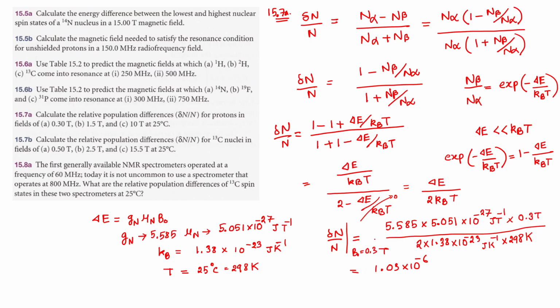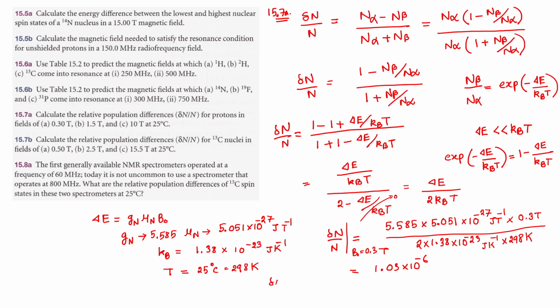Now obviously for 1.5 Tesla it is going to be higher, right? If you are increasing the gap, then suppose at 1.5 Tesla, it will be 5 times the before, right?